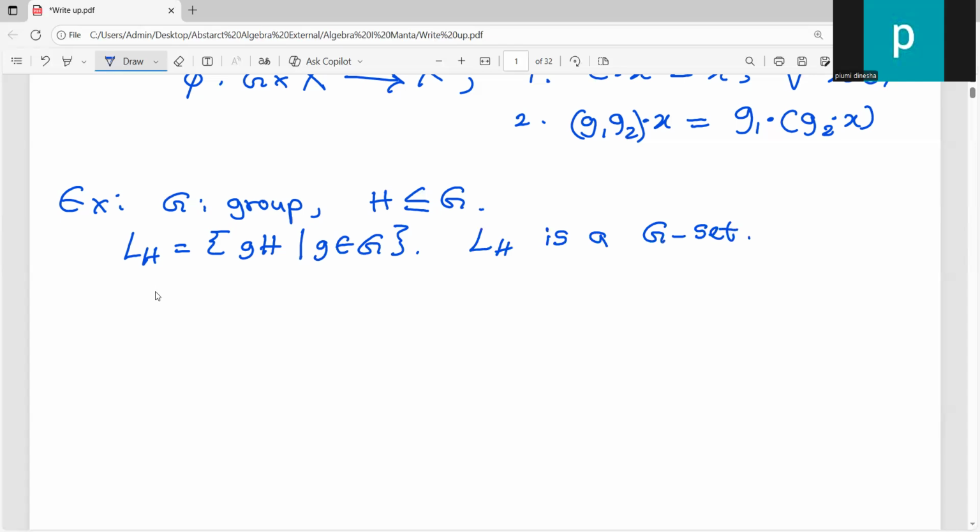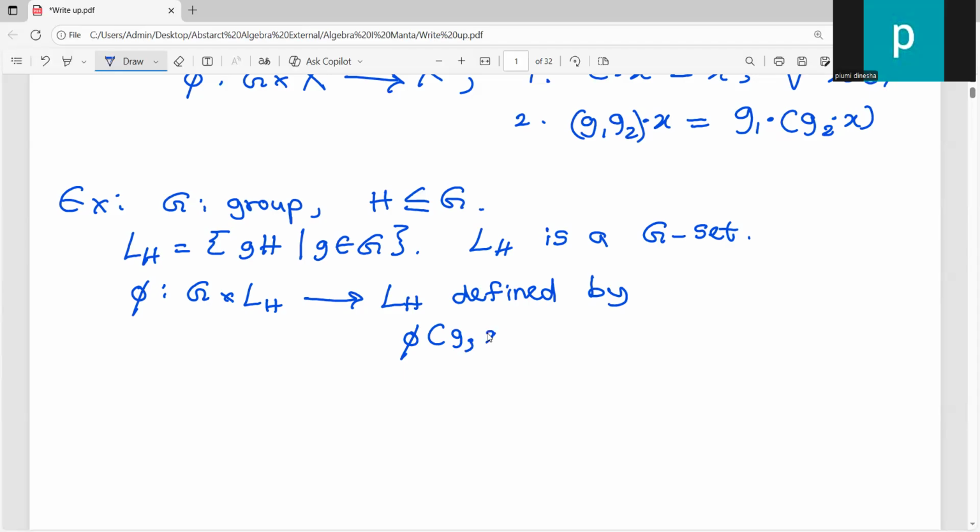And we define the group action phi from G cross L sub H to L sub H by phi of G comma xH, G taken from the group, xH any left coset of H in G.